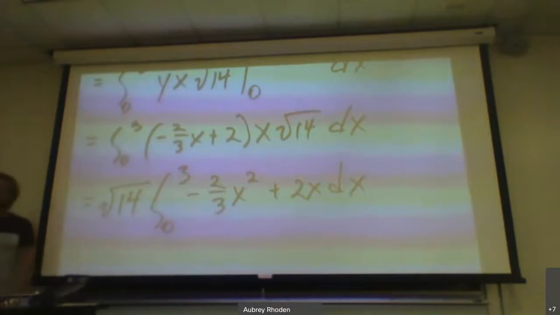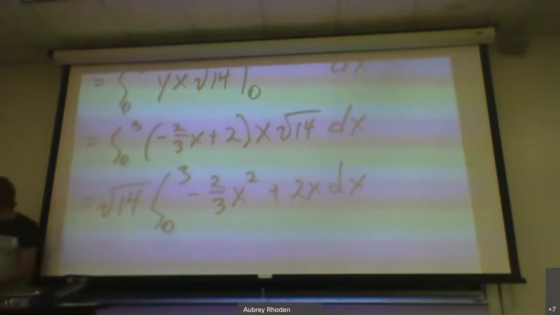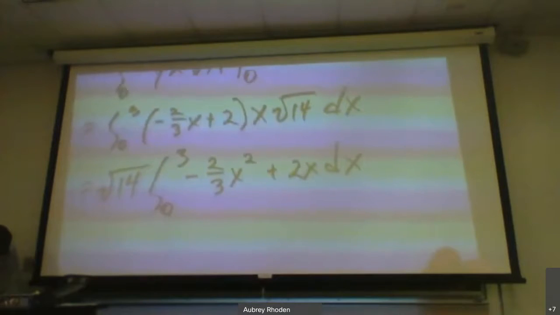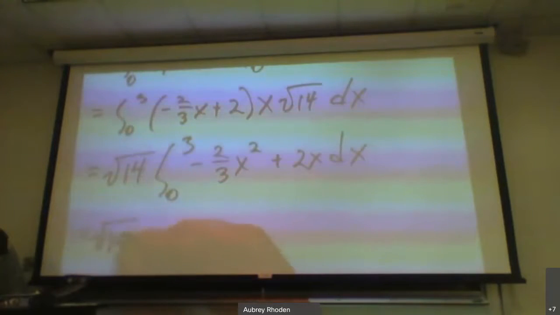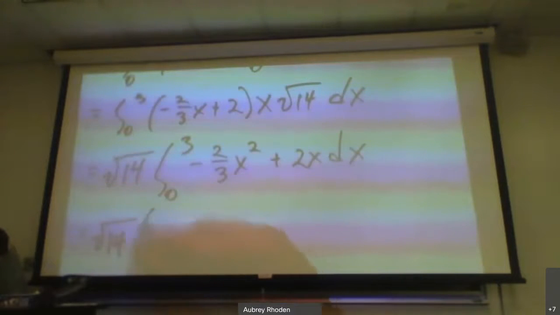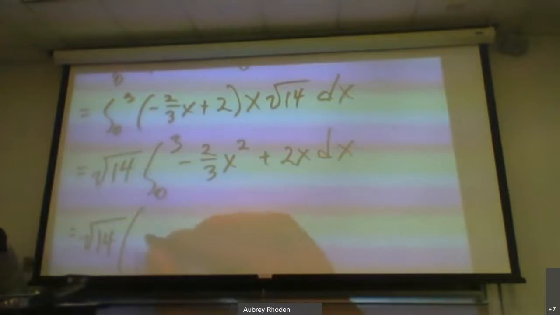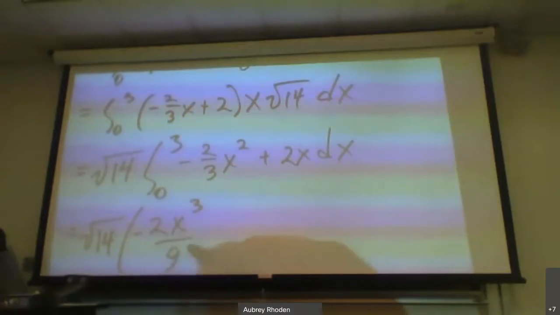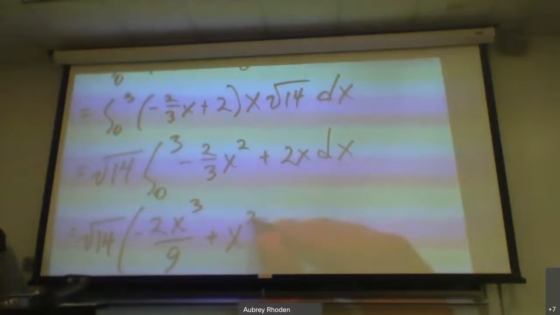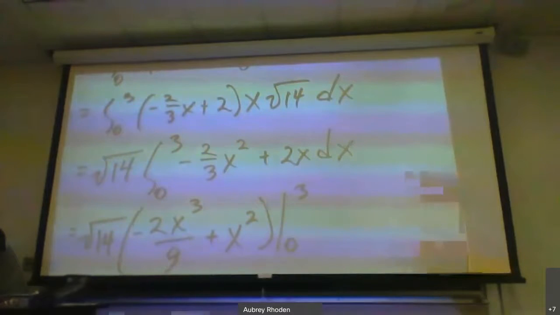Okay, and at this point of the problem, it's just integrating a polynomial. So that becomes the square root of 14 times a big parentheses right there. And so that'll be negative 2x cubed divided by 9 plus x squared, and then evaluated at 0 and at 3.